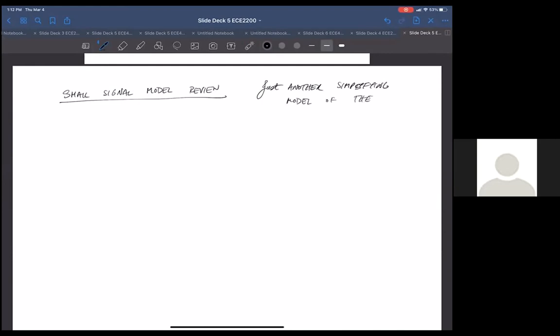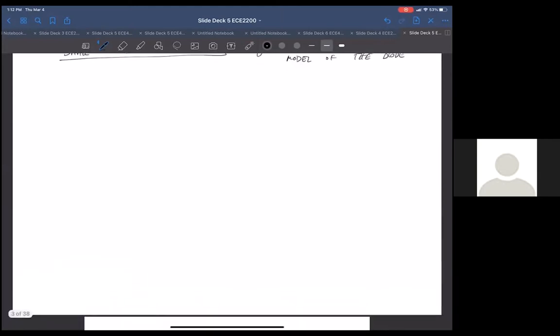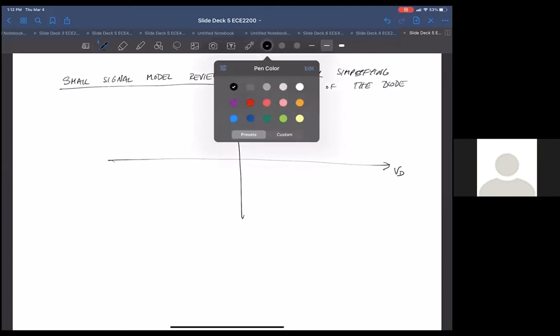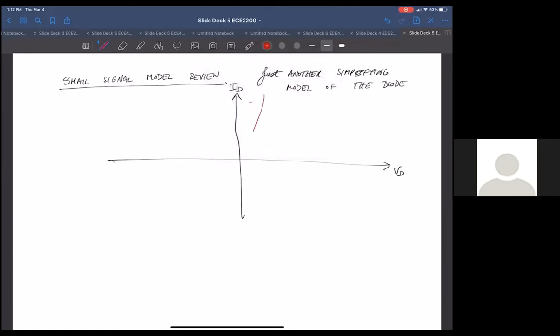And the idea is this, that the diode is the diode. It has this voltage versus current characteristic that we're used to seeing. So that doesn't change the small signal model.